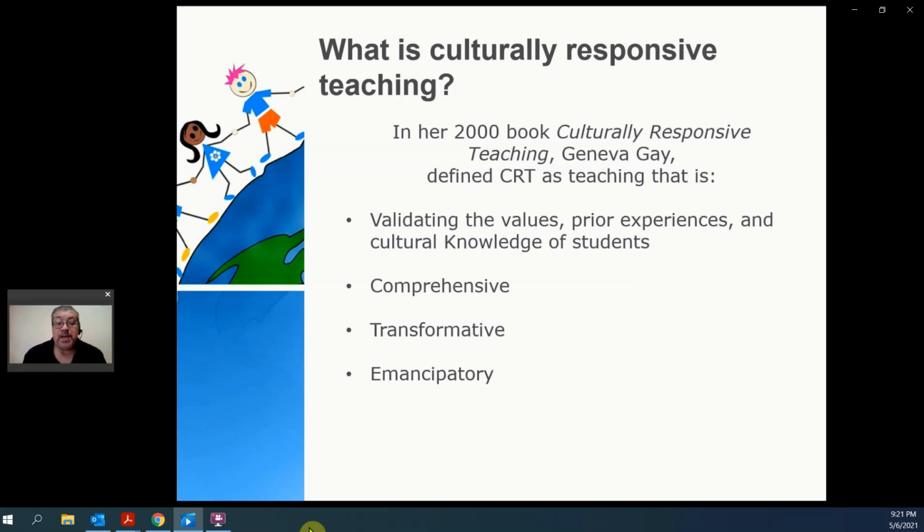In her 2000 book, Culturally Responsive Teaching, Geneva Gay defined CRT as teaching that is validating the values, prior experiences, and cultural knowledge of students, comprehensive, transformative, emancipatory.